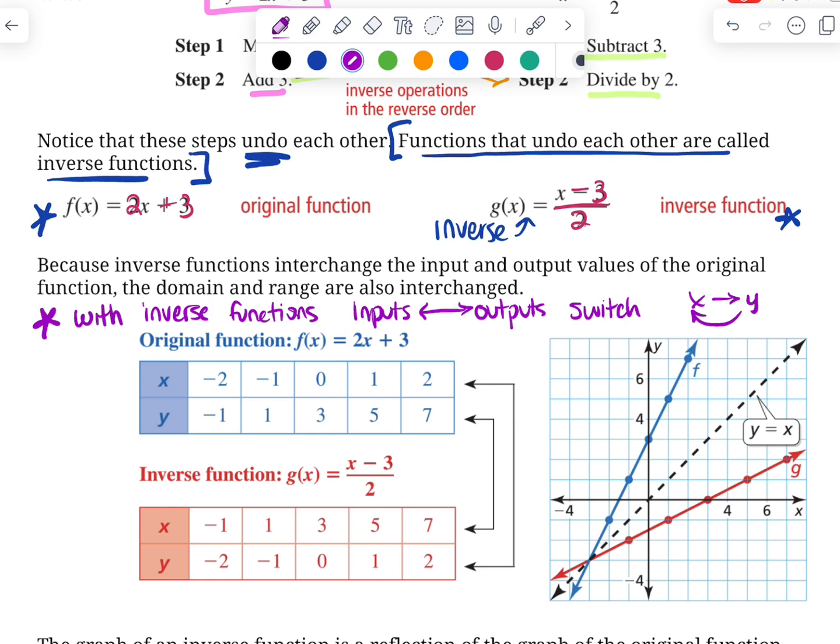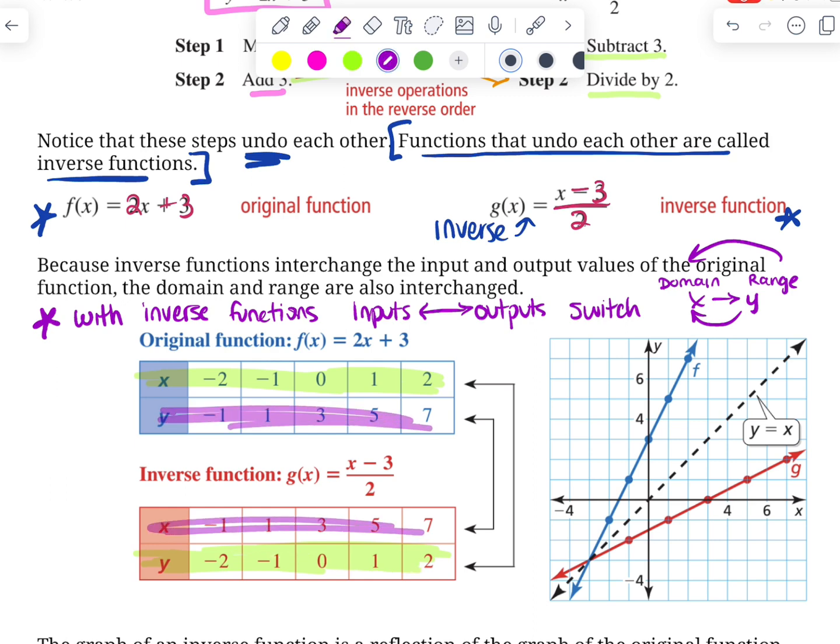Since the domain is all of our x values and the range is all of our y values, those switch as well. If you look at these two tables, the x values became my y values, just as a small sampling, and the y values become my x values.